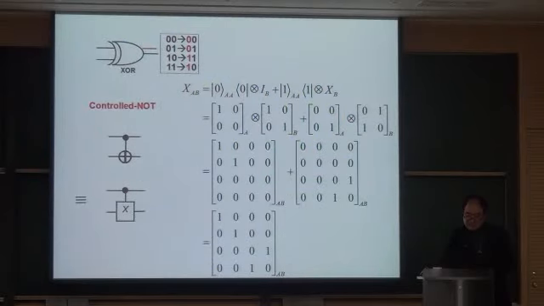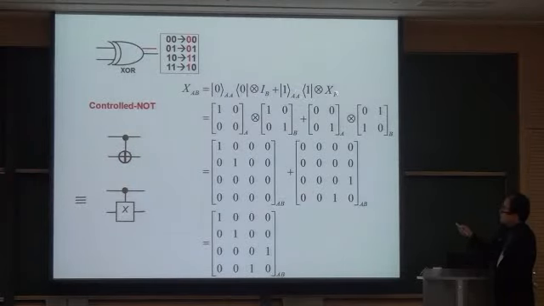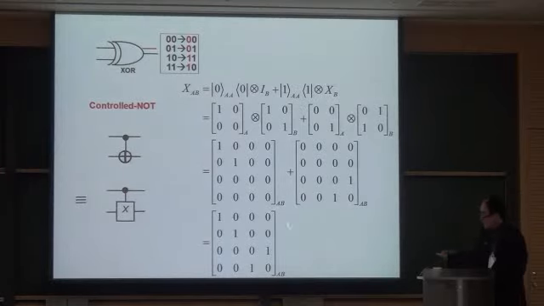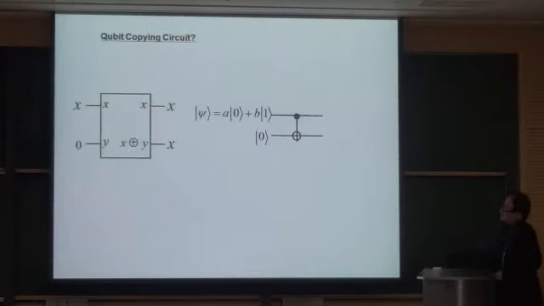So this controlled-NOT is: when the control is 0, you do nothing, it's an identity on the second one. When the control is 1, you operate X, that means 0 to 1, 1 to 0. The matrix representation is like this. Now, actually this controlled-NOT can be used for copying information in digital logic.